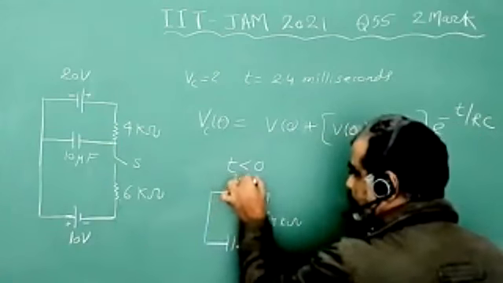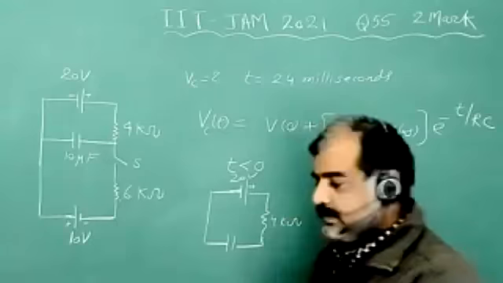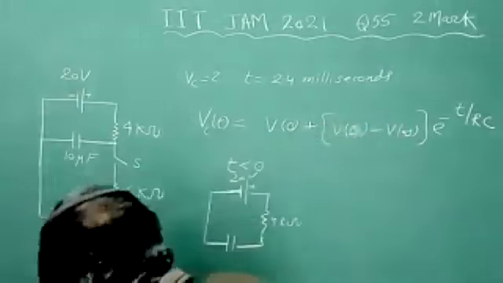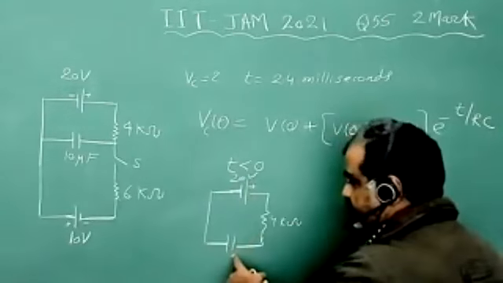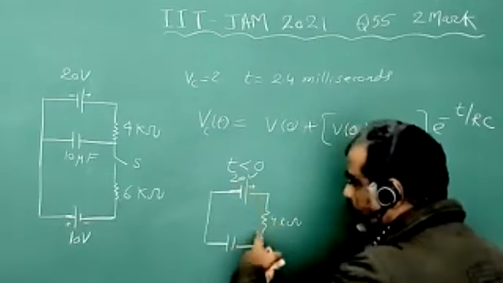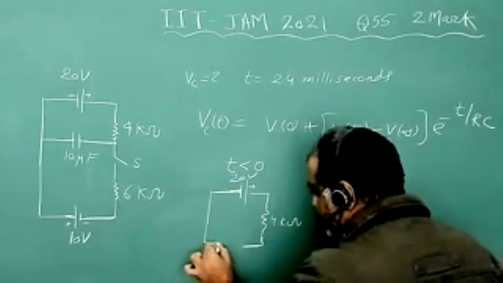Now this capacitor will charge, and we know for a DC circuit the capacitor acts as an open circuit. So once it charges up to 20 volts, there will be no current in the circuit, and the capacitor acts as an open circuit.